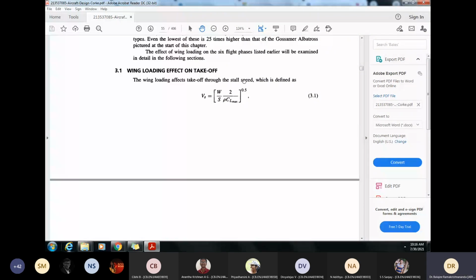Now, the stall speed corresponds to the stall CL. So CL max is the stall CL. The corresponding speed will be the stall speed, and this will be the lowest speed possible. You cannot really fly below this speed, whatever you do.